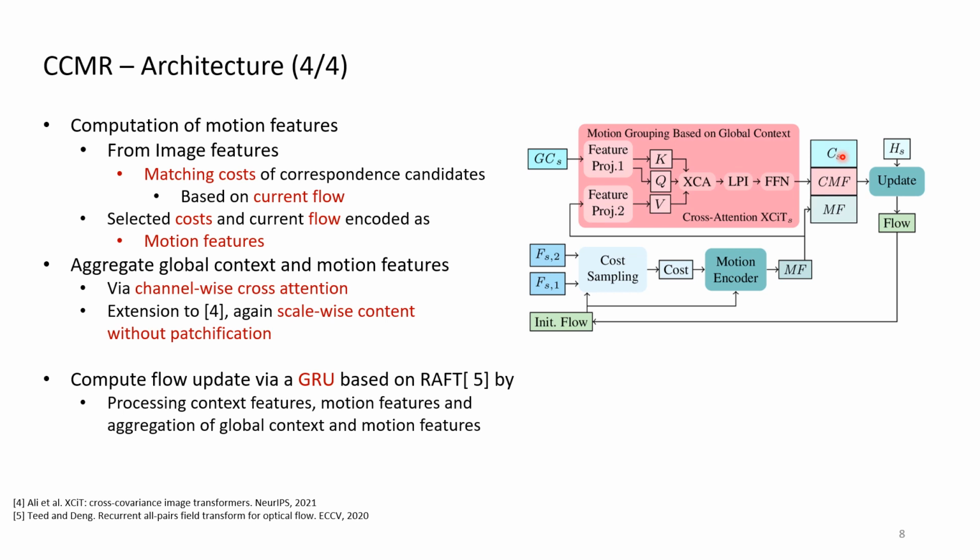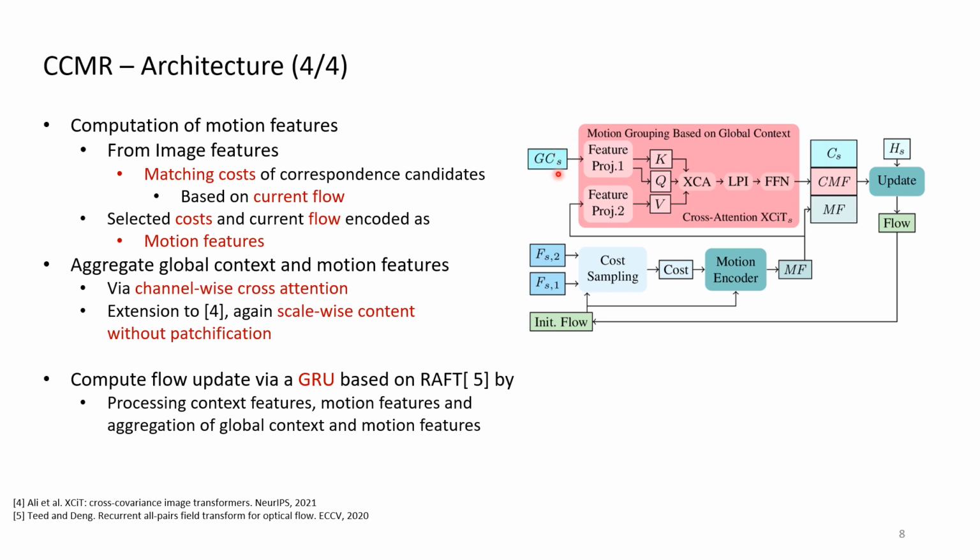Now, how do we want to aggregate the motion per scale? And this is also the architecture per scale. You can see that these tensors have S in there as a subscript, so it is per scale. We aggregate motion features and the global context that we just got from the previous slide.